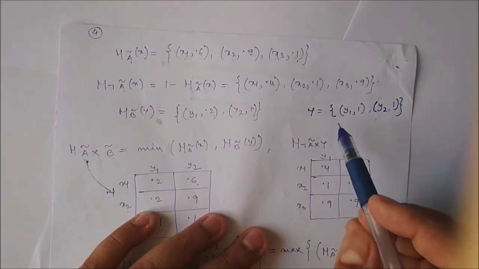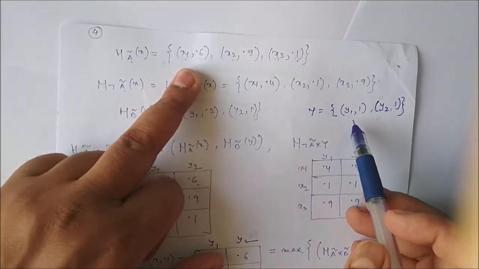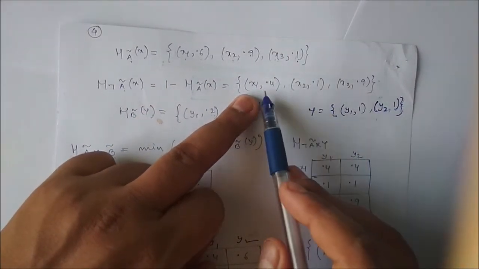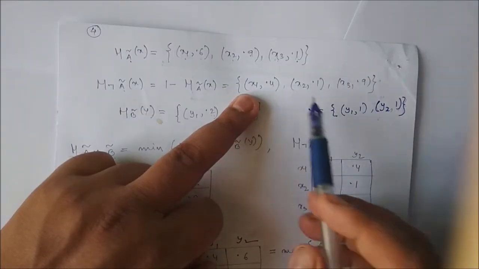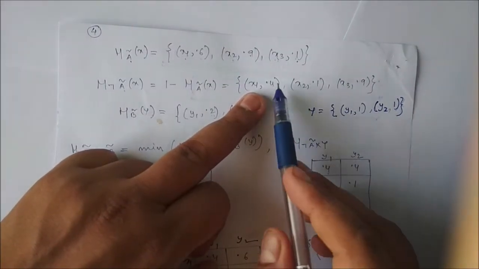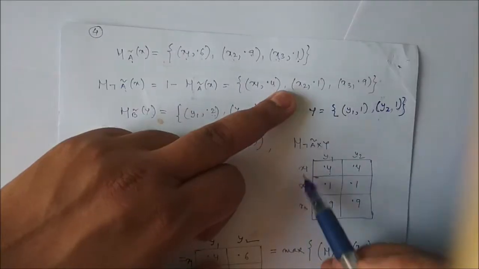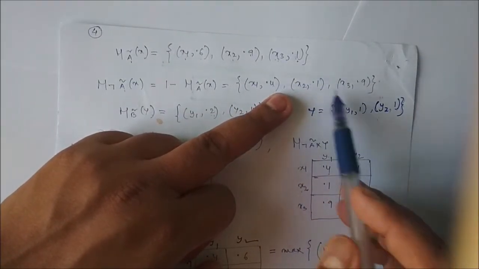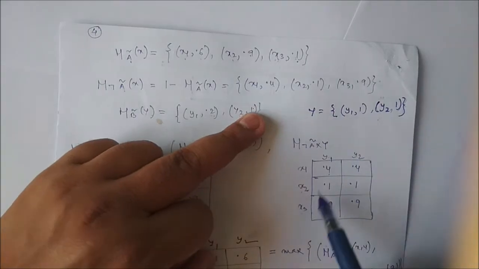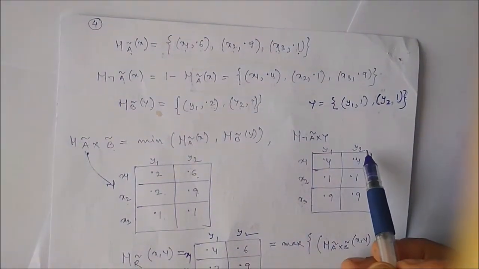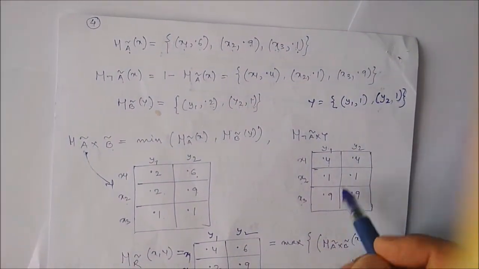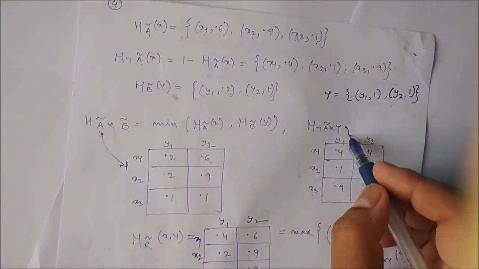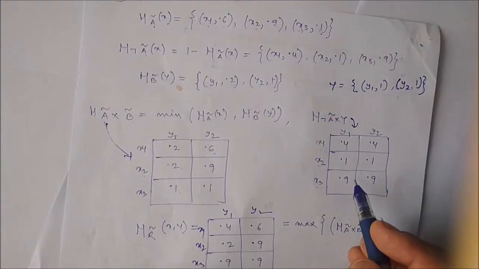Since it is not A, we compare with the complement. x1 with y1: 0.4 and 1, minimum 0.4; x1 with y2: 0.4 and 1, minimum 0.4. Similarly, x2 with y1 and y2: 0.1 and 1, minimum 0.1. Then x3 with y1 and y2: 0.9 and 1, minimum 0.9. So this is not A cross Y.